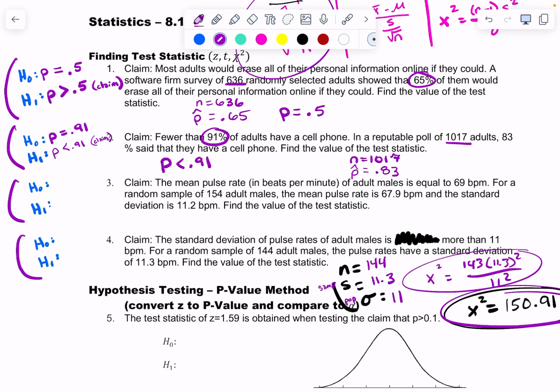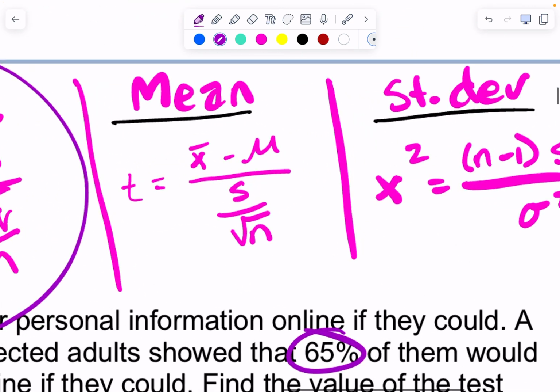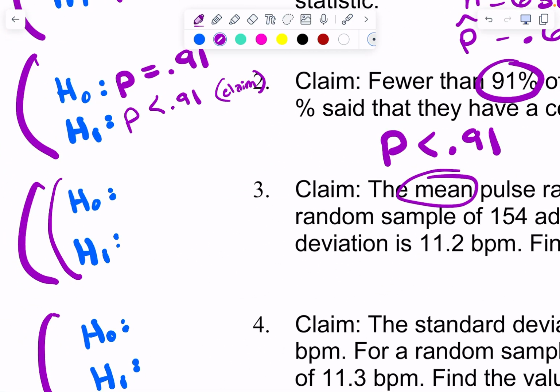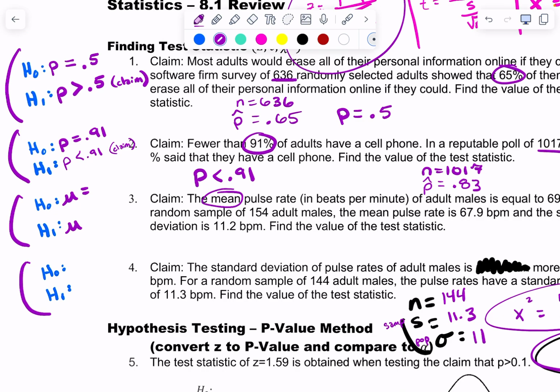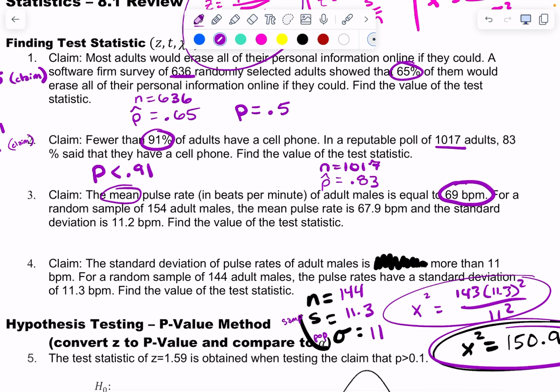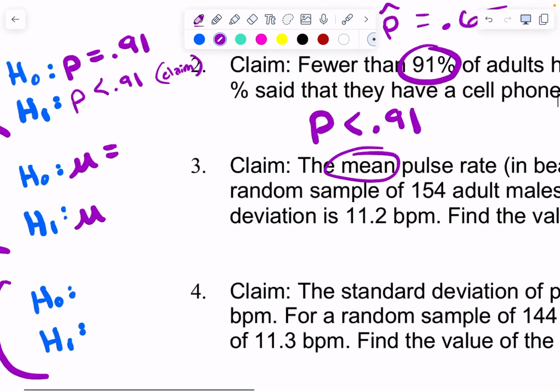Now we're talking about mean pulse rates. So mean is up here, okay? What's the symbol that you use for mean for our hypotheses? Nope. Mu. I'm talking mu. Mu is either equal to something or mu is whatever, right? So the mean pulse rate in beats per minute of adult males is equal to 69 beats per minute. Okay? So let's fill in our hypotheses.